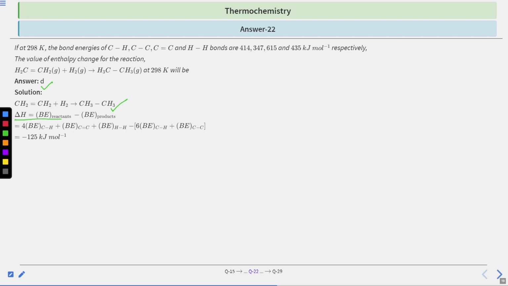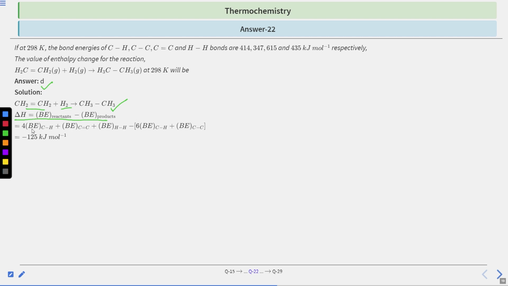So we know the relation between bond energy and enthalpy of reaction. These two will be the reactants, right? CH2 double bond CH2 and H2. So CH bond is present 4 times.